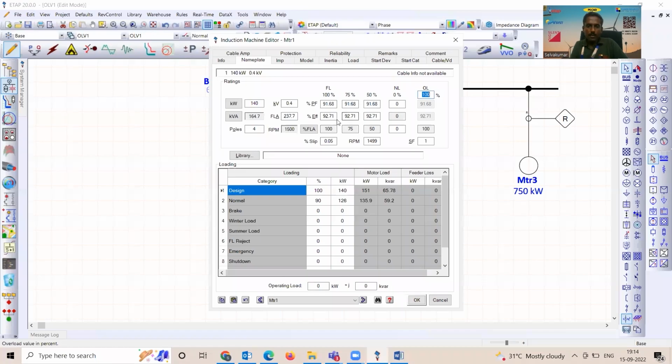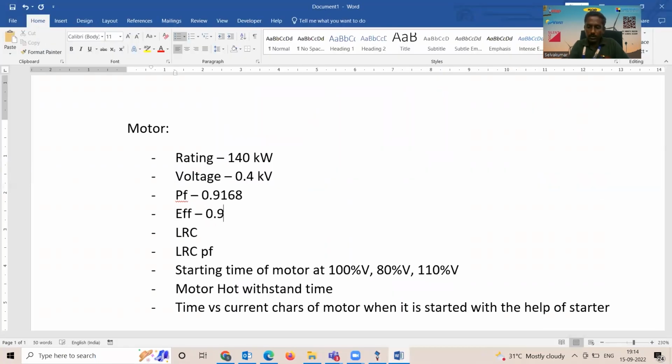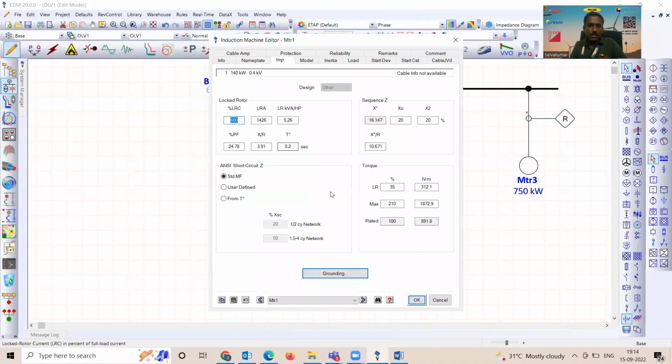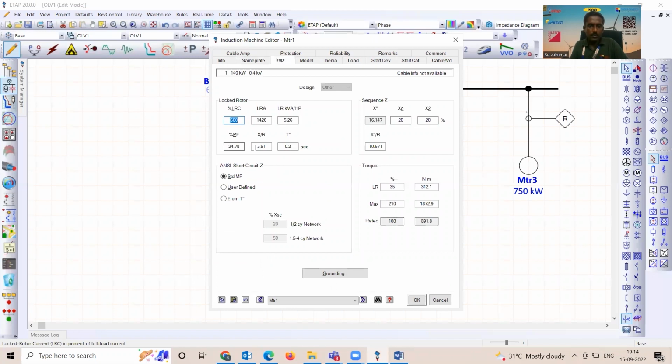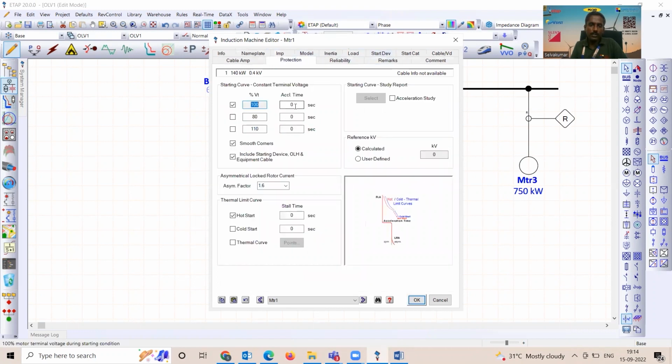Efficiency 0.9271. Locked rotor current 6 times. Locked rotor power factor 0.2478.